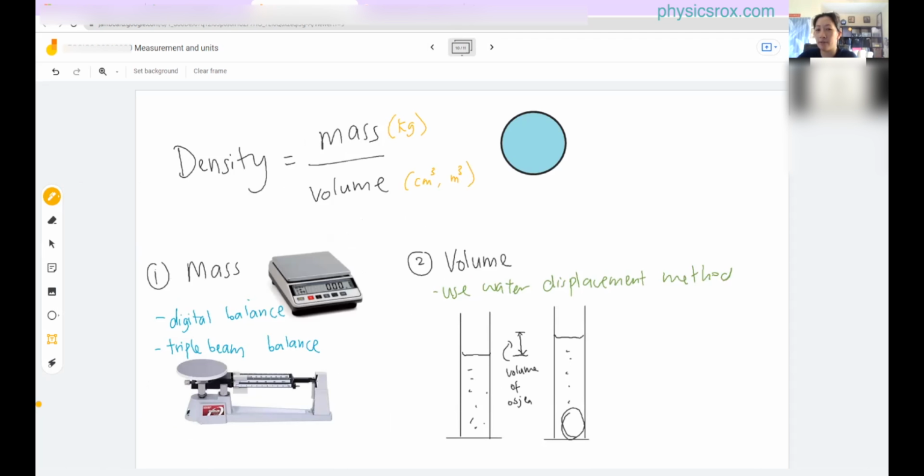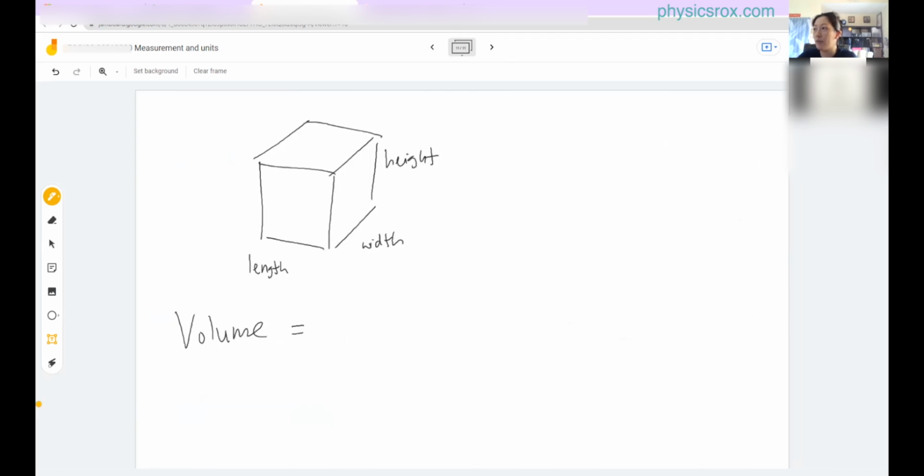Does everyone else know why I give you this? Just give me the formula for calculating the volume of the cuboid, based on this information. Okay, length times width times height, L times W times H. So you think like this.